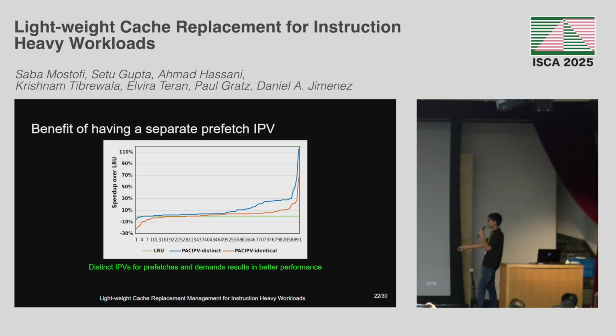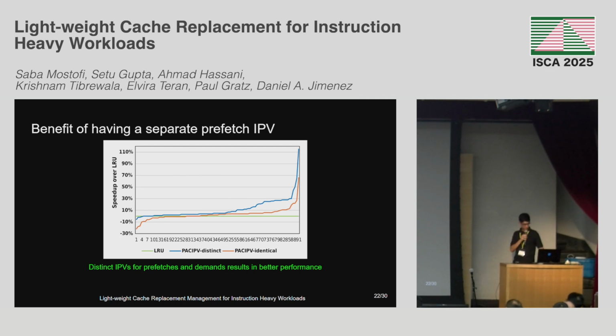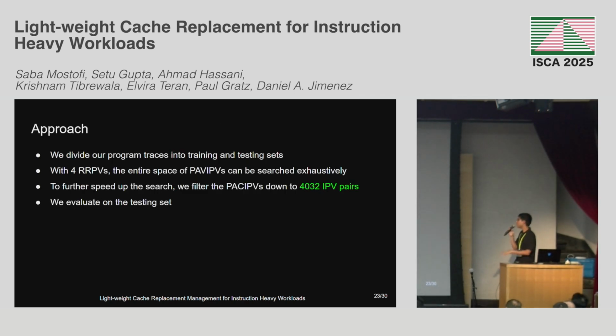PAC IPV identical, as you can probably guess, has the same identical IPV for demands and prefetches. And we see that PAC IPV distinct outperforms PAC IPV identical. And this is the proof of our hypothesis that having separate IPVs for prefetches actually helps.